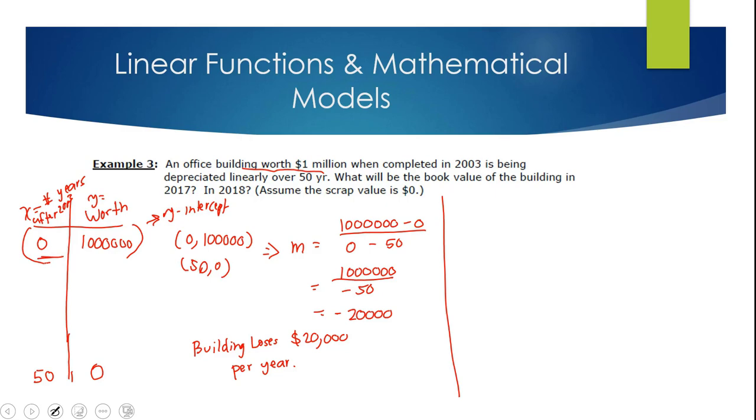I have the slope, I have the y-intercept. So the equation of my line is y equals negative 20,000x plus 1 million.